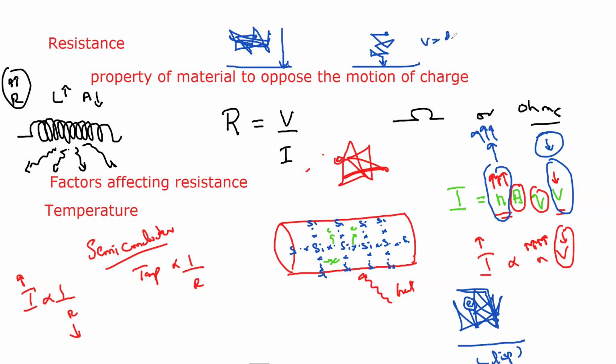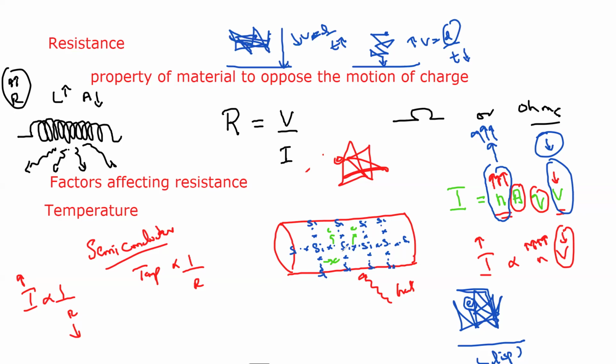So the drift speed is displacement over time. If we have a constant displacement and it takes a short time, it means a higher drift velocity. If it takes a longer time, it means a lower drift speed.